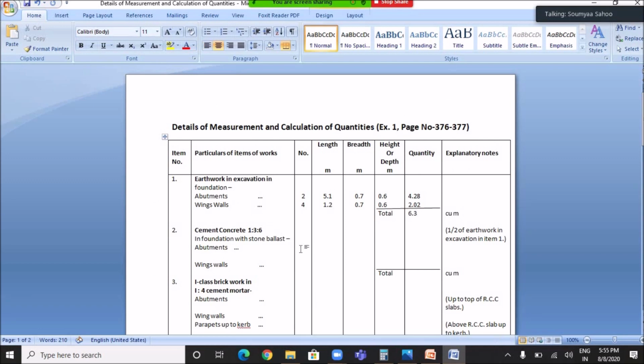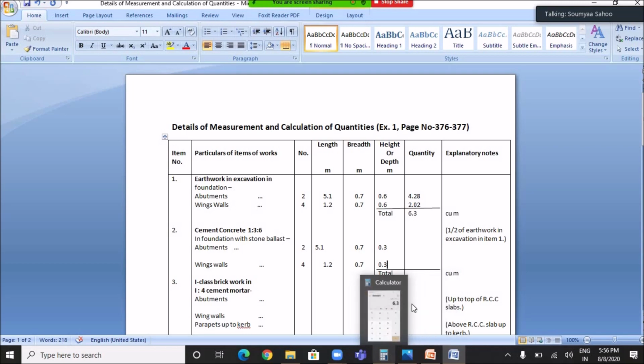Number of abutments are 2, length is 5.1 meter, breadth is 0.7 meter and depth is 0.3 meter. Number of wing walls are 4 and length is 1.2 meter and breadth is 0.7 meter and depth is 0.3 meter.